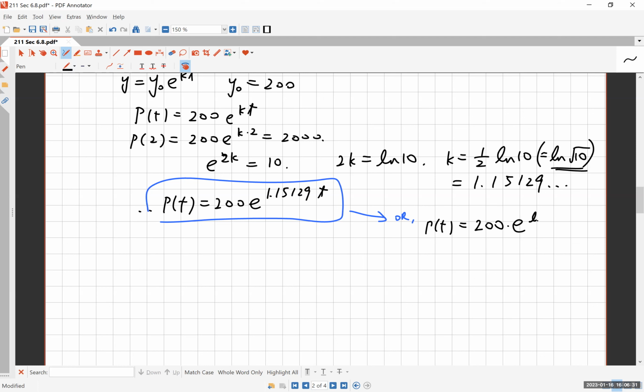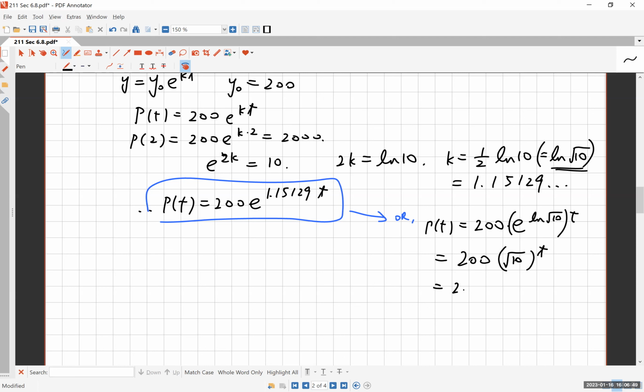That is e to the natural log of square root of 10 times t. E to the natural log of, those are inverses of each other. So this is another way to write the same function, if you would like.